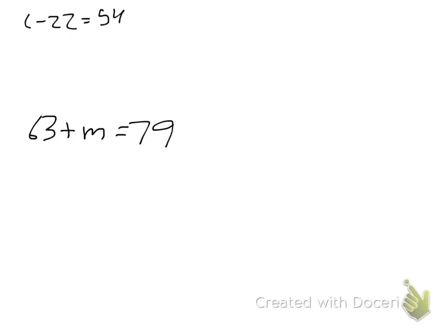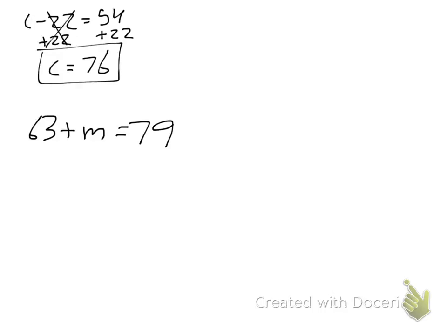It's C minus 22, so to get rid of a minus 22, I'm going to add 22. And if I add 22 to the left side, I need to add 22 to the right side. I want to see the steps. I want to see that you canceled the 22s. Well, that leaves me with C equaling 76.